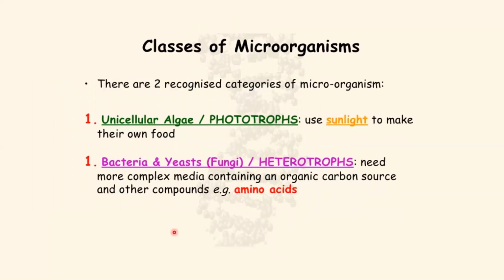There are two types of microorganisms. One is the unicellular algae or the phototrophs. We call them blue-green algae, but blue-green algae is actually not an algae, it's a bacterium. And they have a vital role in the provision of oxygen in the sea.